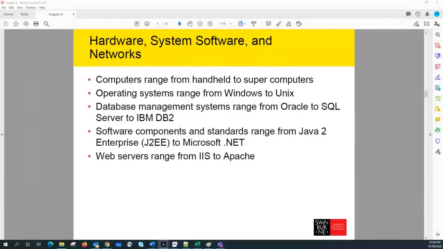Now, if you think about system software, we may have different operating systems.